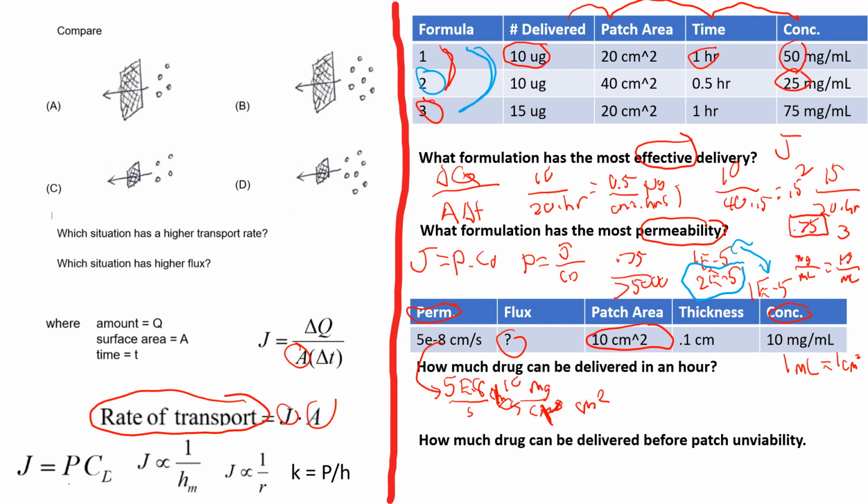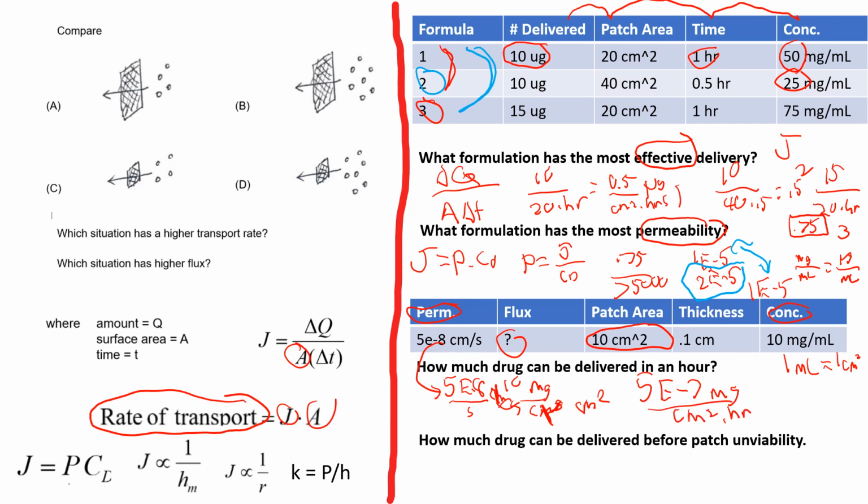So 5 times 10 to the negative 8 multiplied by 10 milligrams. We get a very low number, 5 times 10 to the negative 7th milligrams per cm squared.